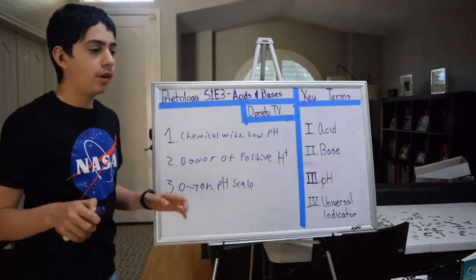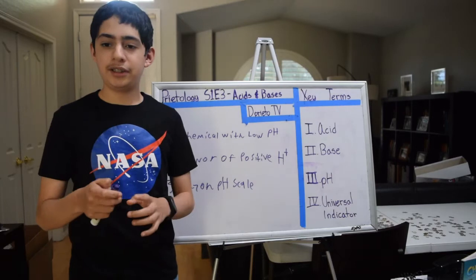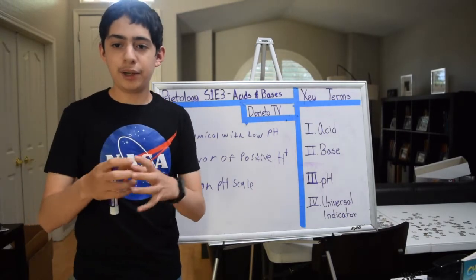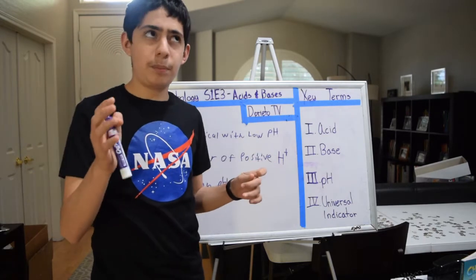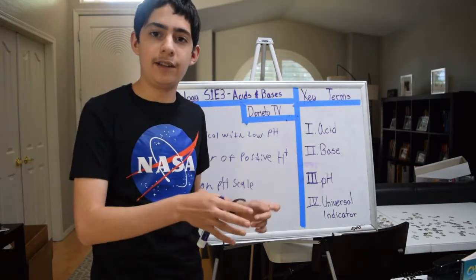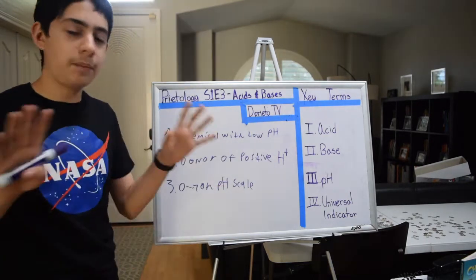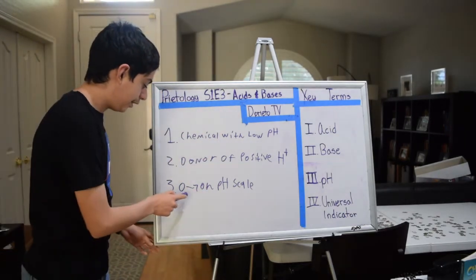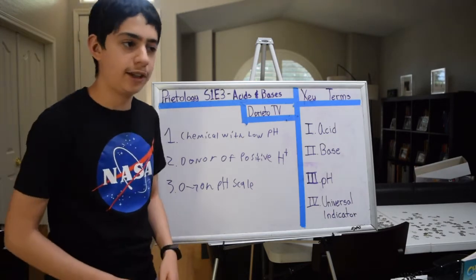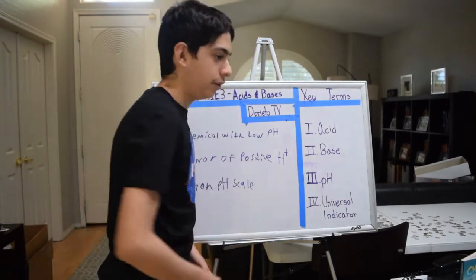When you put them in water, they dissociate, and the acid breaks the water into positive hydrogen ions and negative hydroxide ions. I'll talk about what those are later. On the pH scale, acids are 0 to 7, which is usually involved with the universal indicator.